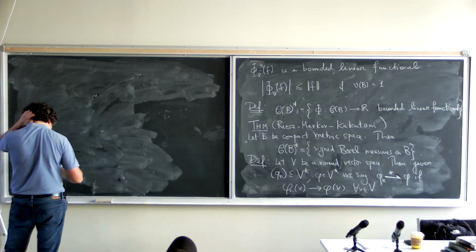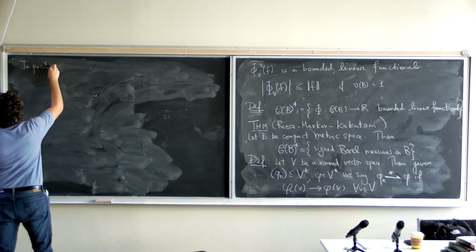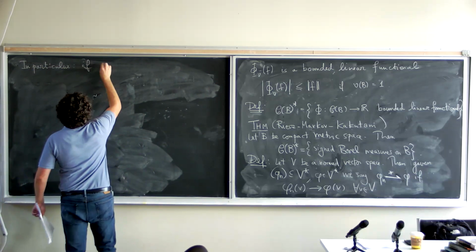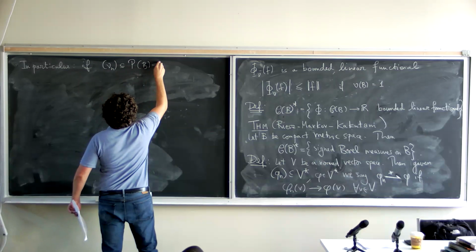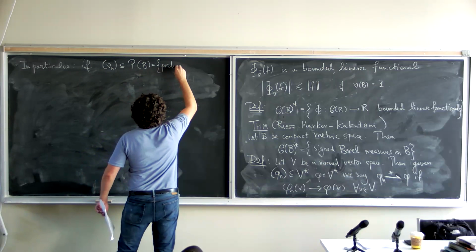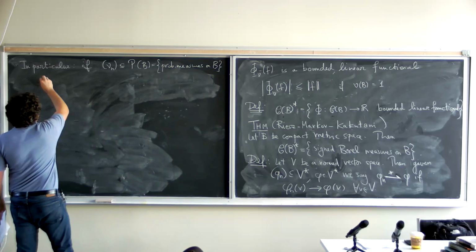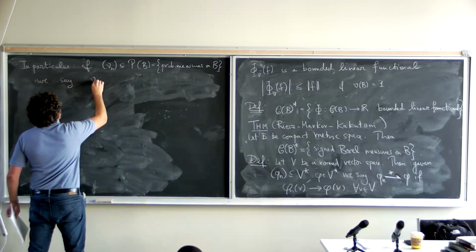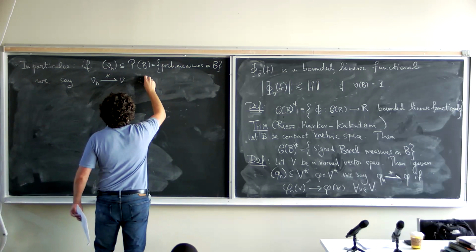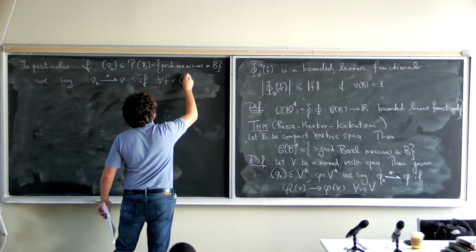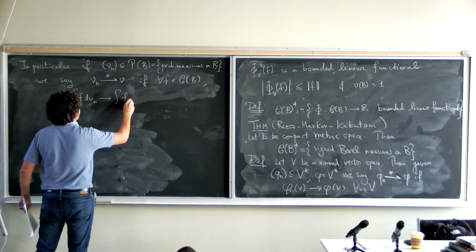Okay, and then in particular, if you have a space of measures, say nu_n in P(B), these are the probability measures on B. We say that nu_n converges to nu, sometimes we forget the star, if for every f, which is a continuous function, the integral of f d nu_n converges to the integral of f d nu.